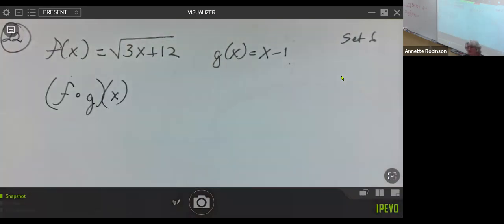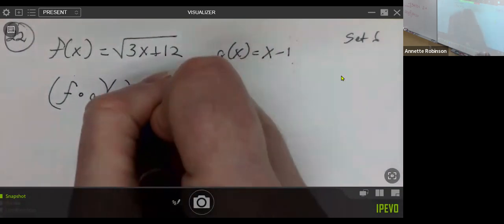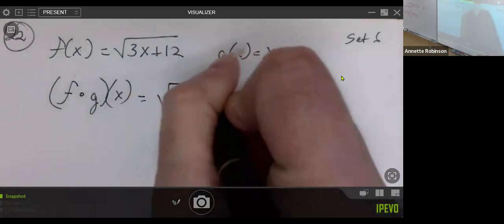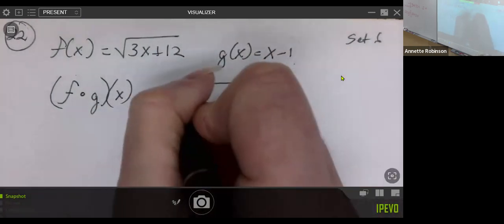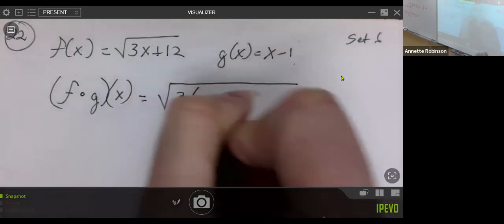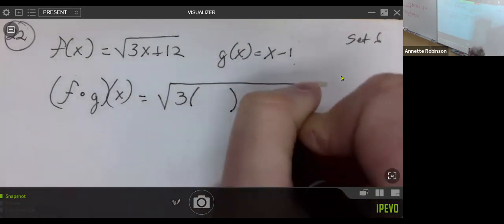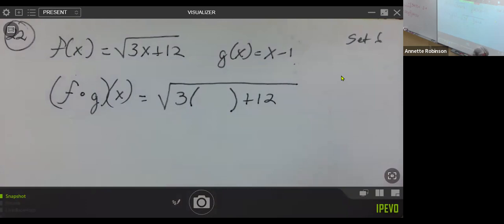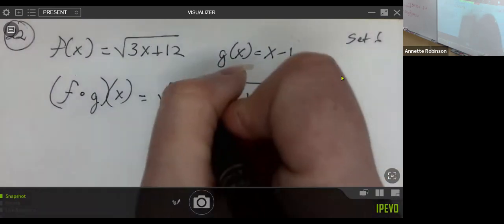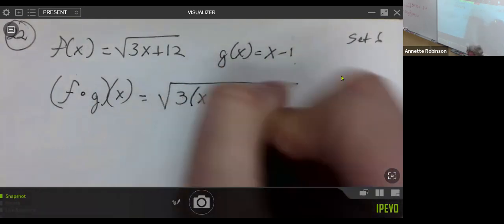So I'm going to take function f and plug g in. So if we take function f, and in place of x, I make a parentheses. And y'all stick in the x minus 1 in parentheses.